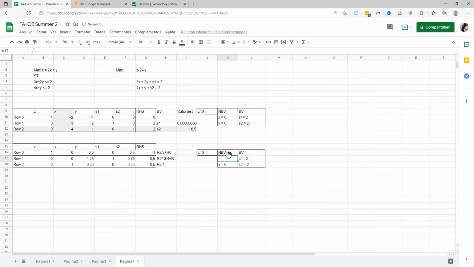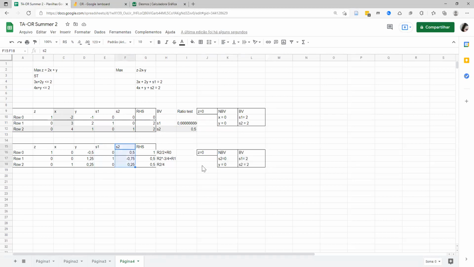So now my non-basic variables are going to continue to be y equals 0, but now it's S2 that left the base. So S2 is 0. And how do I know that? Looking at this, it's because S2 now doesn't have the standard form.